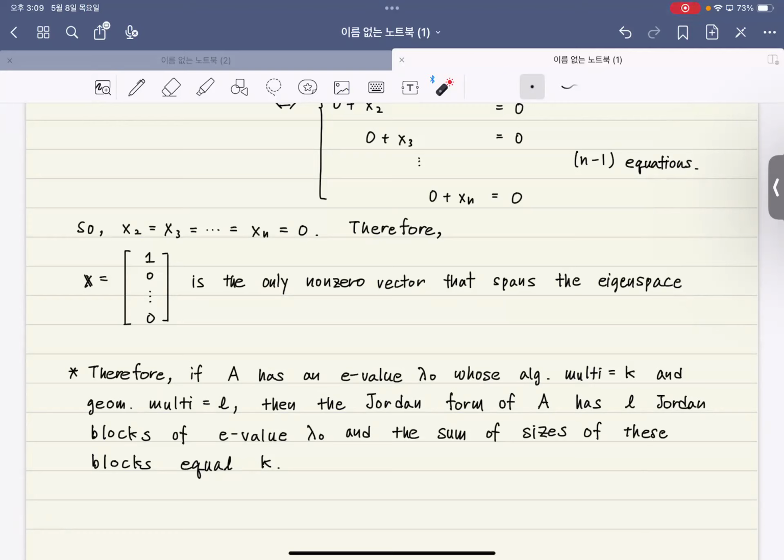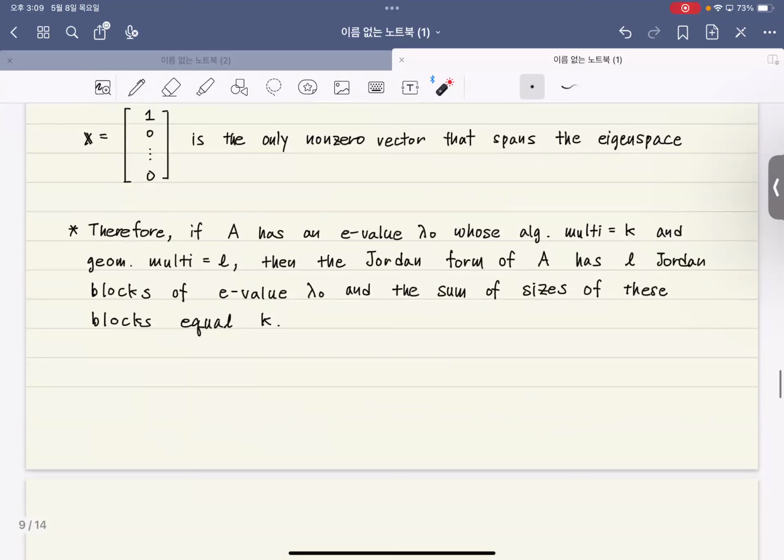Suppose that I have a matrix A, and an eigenvalue lambda 0 whose algebraic multiplicity is k and geometric multiplicity is L. Then the Jordan form of A must have some Jordan blocks of eigenvalue lambda 0, and the sum of the sizes of these blocks equals k. This requires some explanation, right?